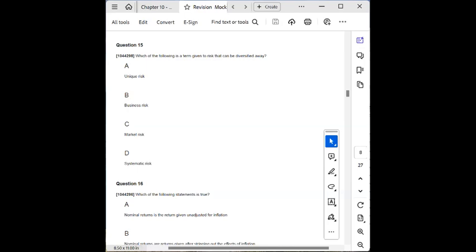So the correct answer is A. Unfortunately, none of you have picked it, because the term seems to be a little unfamiliar, but the idea behind unique is the opposite of systematic. Systematic is a market-wide risk. Unsystematic or unique risk is something that is unique to a particular instrument. So the answer is A. Right. Question number 16.